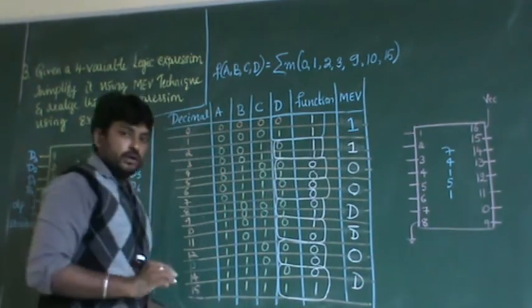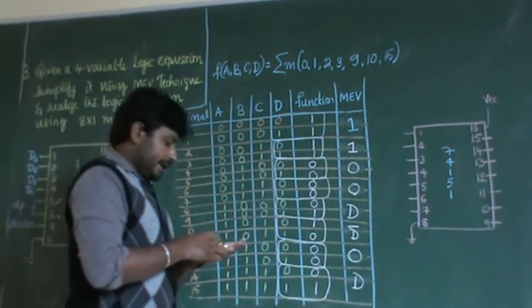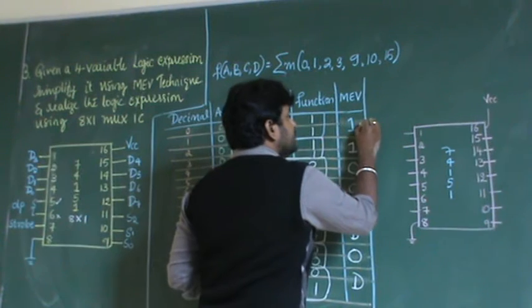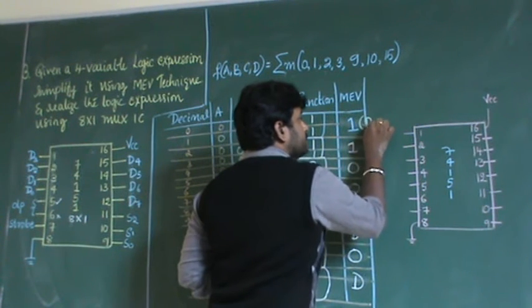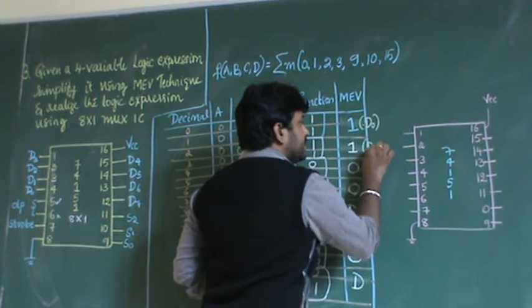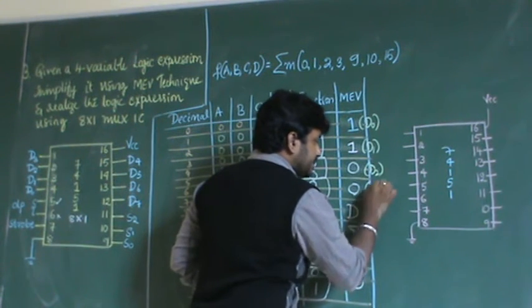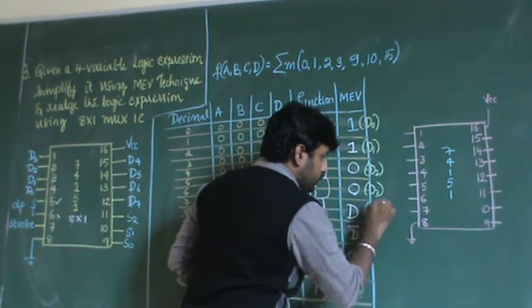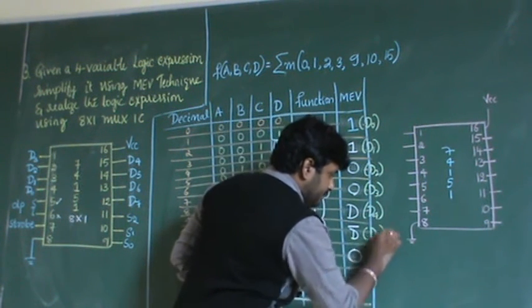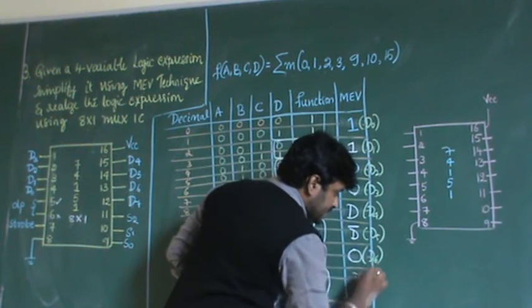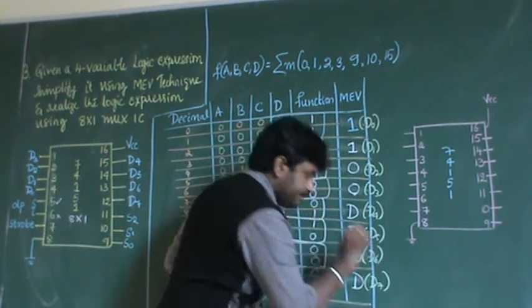So now what I will do, I will just take this as D0, this as D1, this as D2, this as D3, this as D4, D5, D6 and D7.